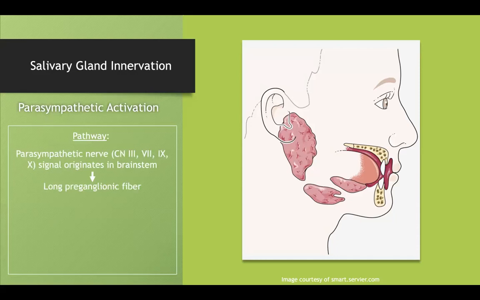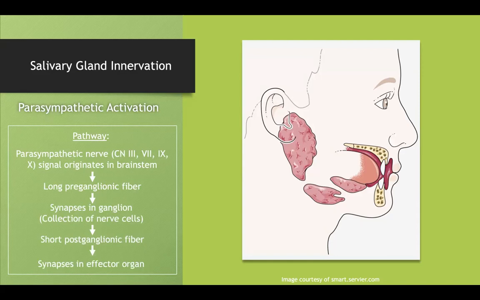At the very end of the preganglionic fiber is a ganglion, which makes sense given the name, and a ganglion is just a collection of nerve cells. This collection of nerve cells allows you to transmit a signal from that long preganglionic fiber to a short postganglionic fiber. From that short postganglionic fiber, the signal continues and finally reaches the organ you were hoping for, and in this case, it would be the salivary gland.